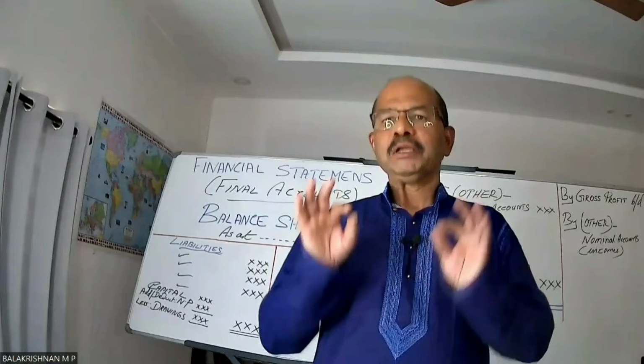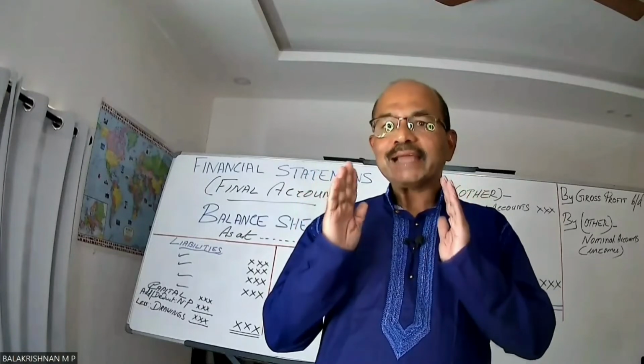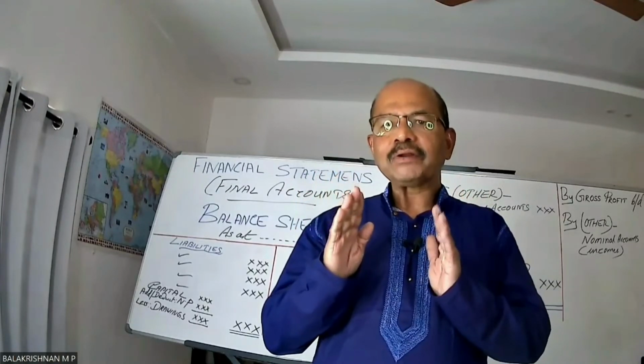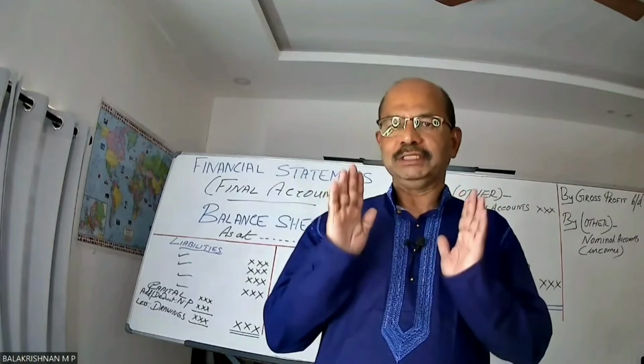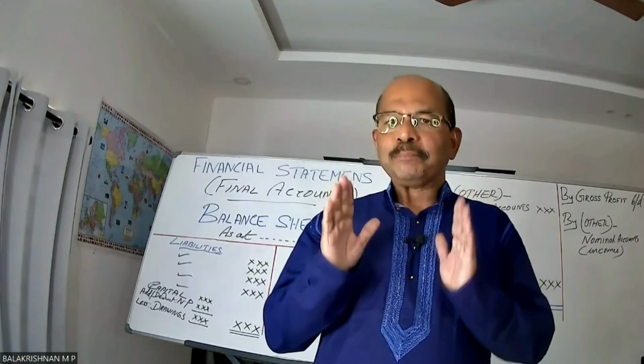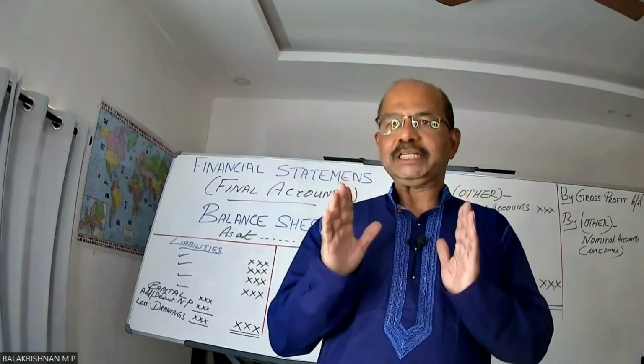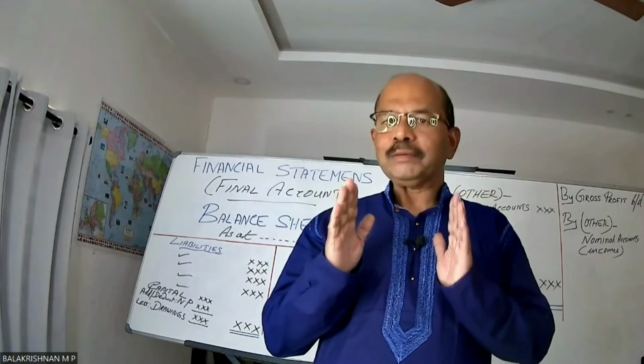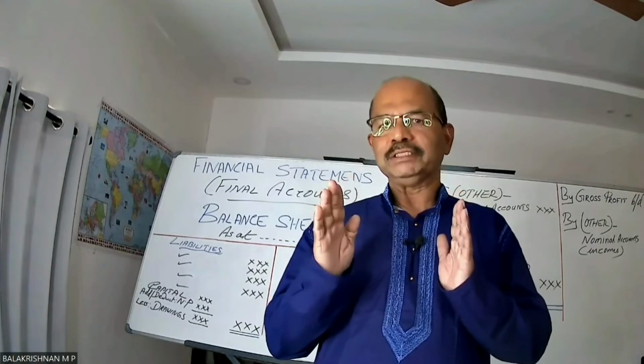and the other being in the balance sheet. I repeat, mostly one aspect either in the trading and profit and loss account, and the other being in the balance sheet. Please remember all these basic steps so that you will be comfortably tallying a balance sheet.